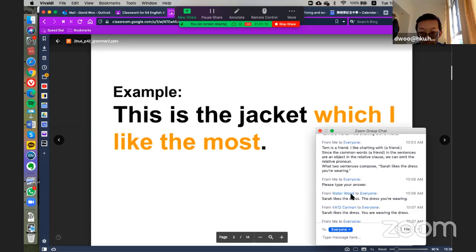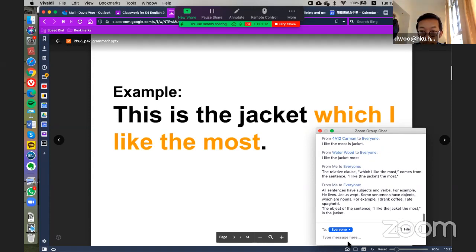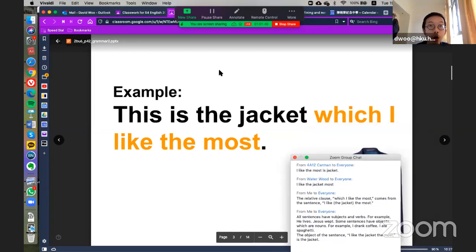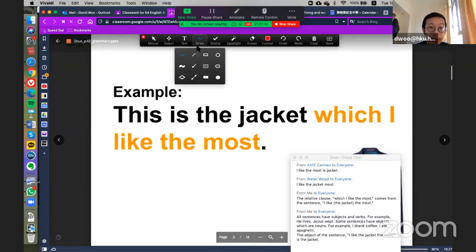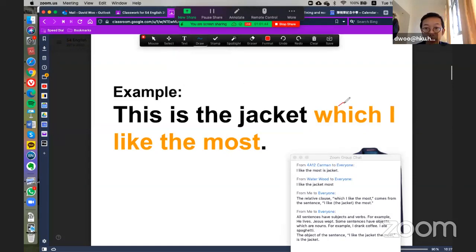I'm trying to go back to your point. So when you combine two sentences and the same word is an object in one of the sentences, the sentence that will become the relative clause, then you can omit this.